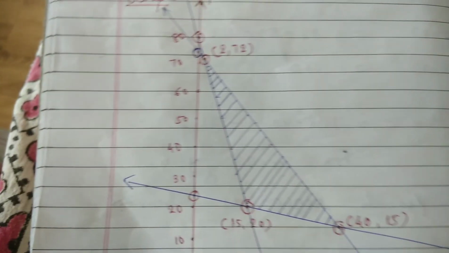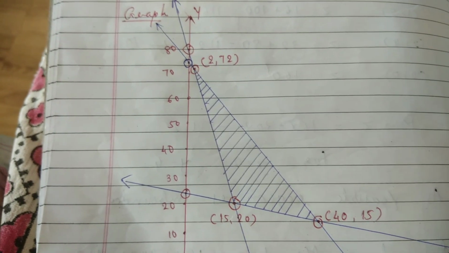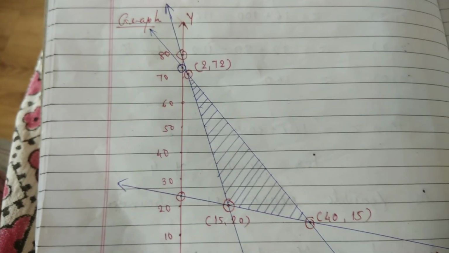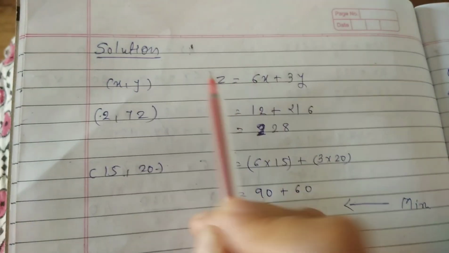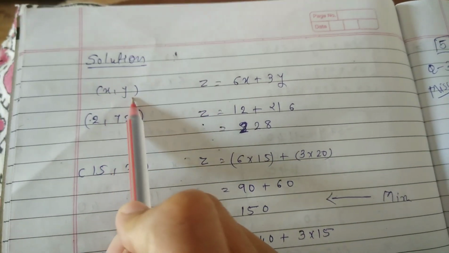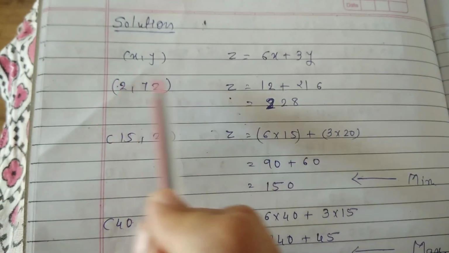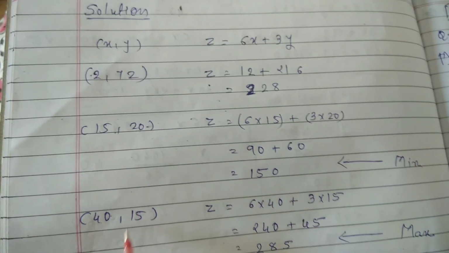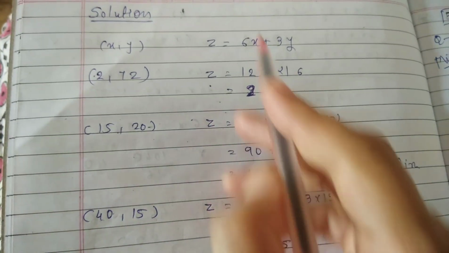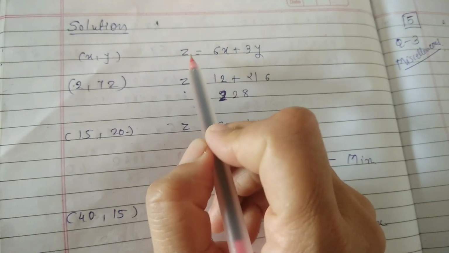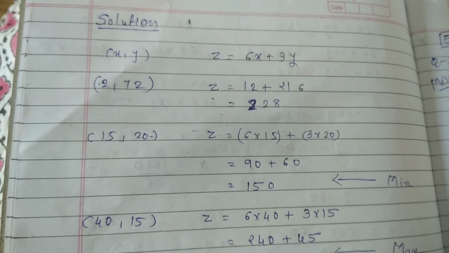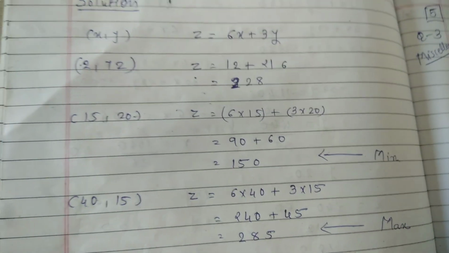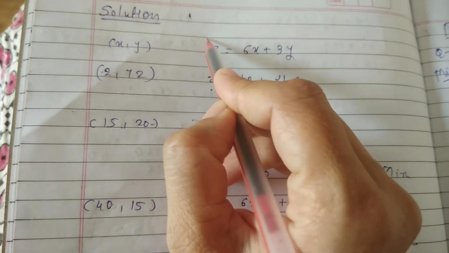As example 1 asks about the solution, see here. Now you have seen from the graph the corner points (2, 72), (15, 20) and (40, 15). Our objective function is z = 6x + 3y. As we are solving both maximize and minimize types, I have not written anything here.